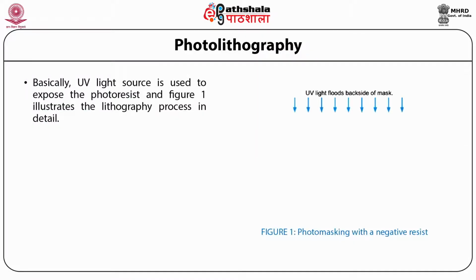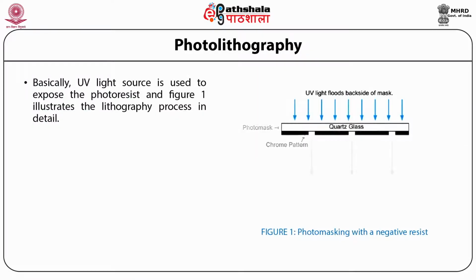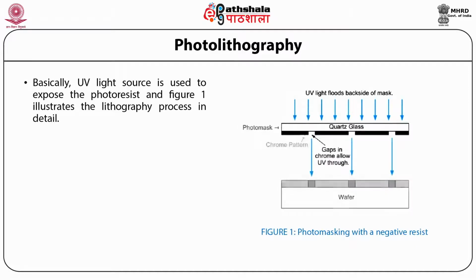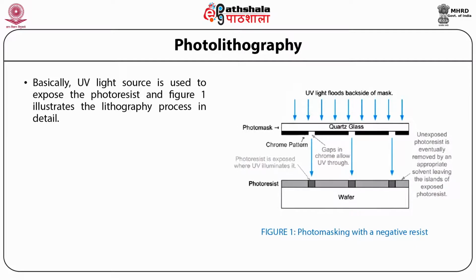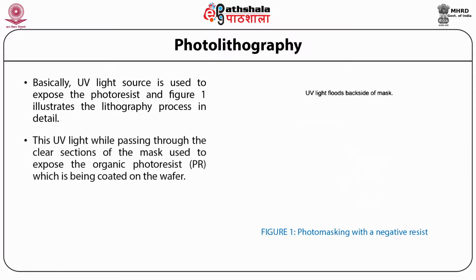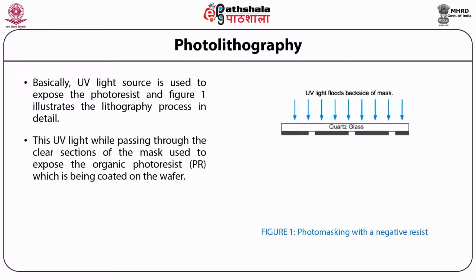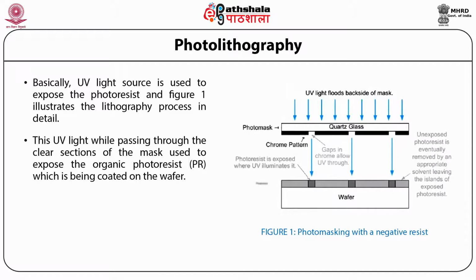Basically, a UV light source is used to expose the photoresist, and students, this figure illustrates the lithography process in detail. This consists of a photomask having chrome where light should be blocked, and the UV light floods the mask from the back side. This UV light, while passing through the clear sections of the mask, exposes the organic photoresist, which is coated on the wafer.